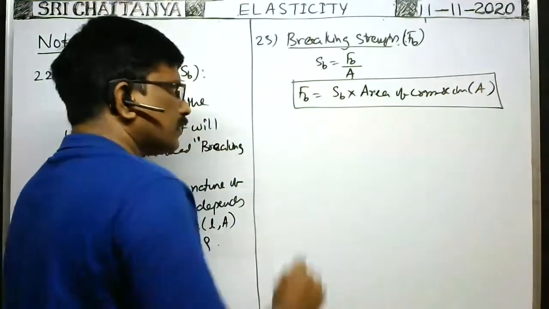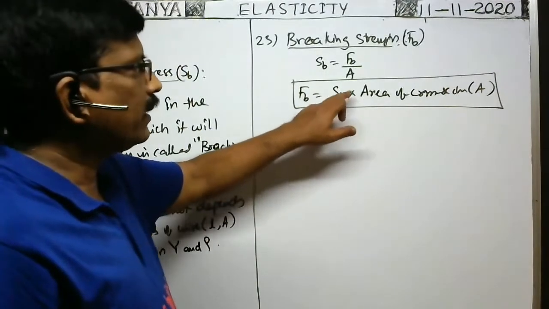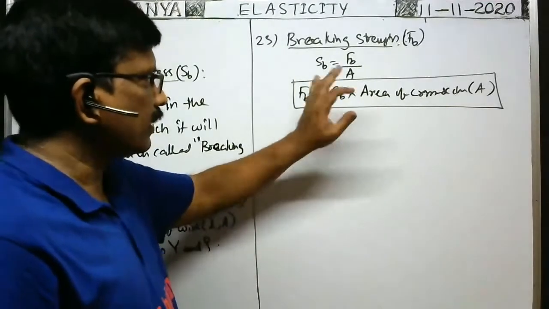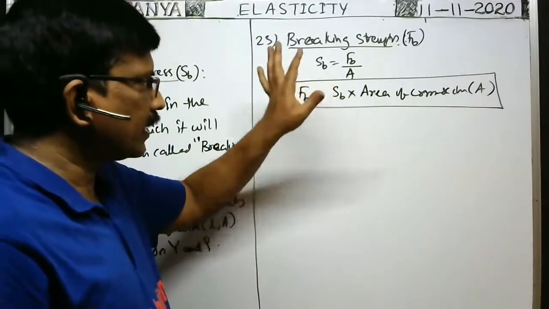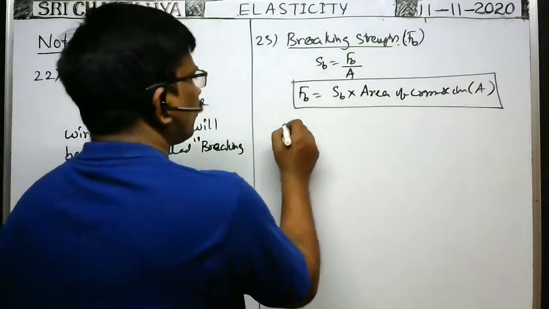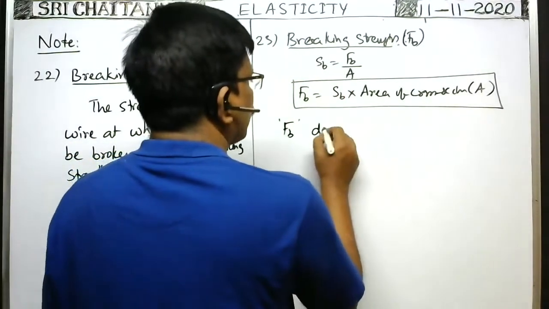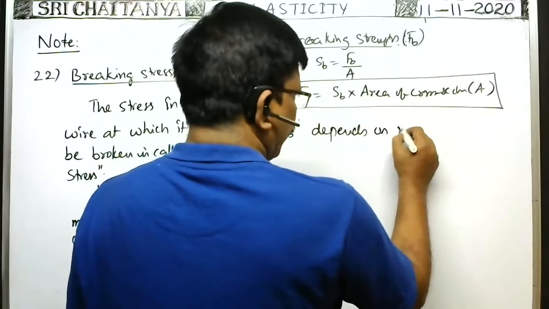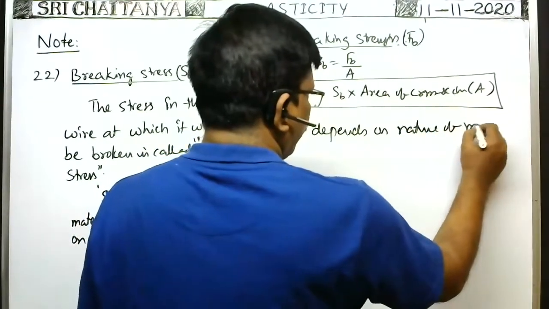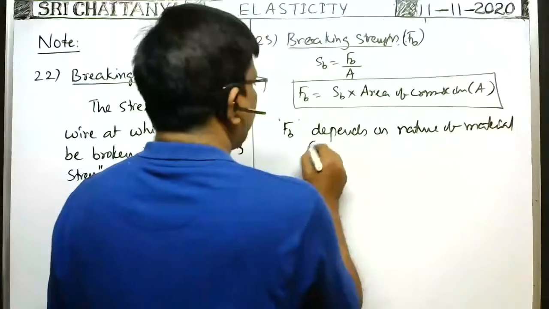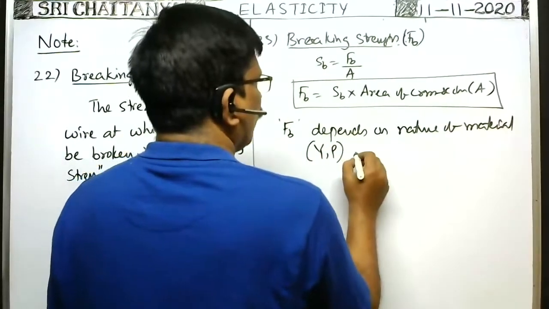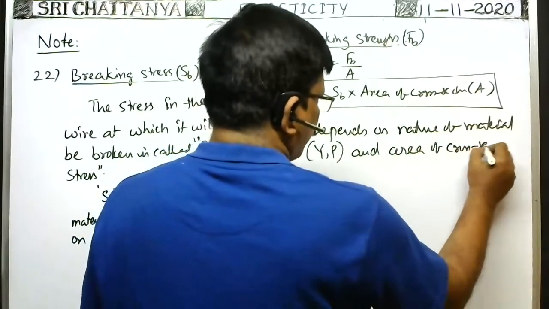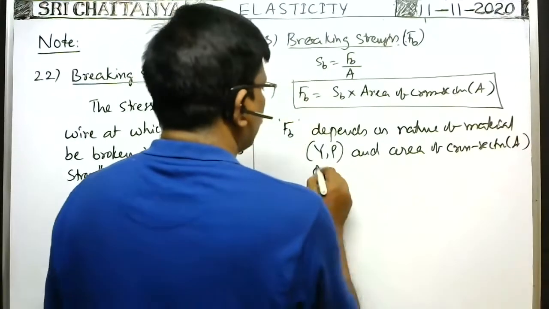The breaking force depends on S_B and area of cross section. S_B means nature of material, like Young's modulus and density. So breaking force depends on the area of cross section and the nature of the material, that is Y, rho, and area of cross section A of the wire.